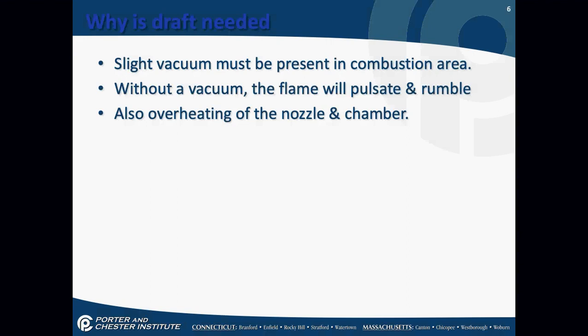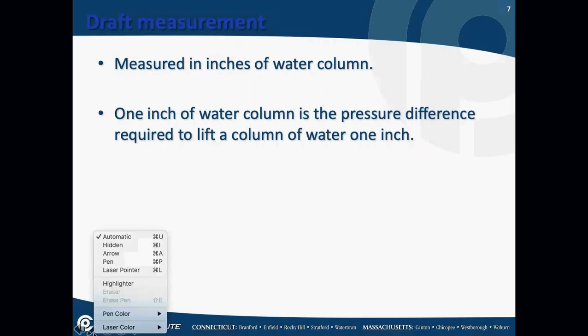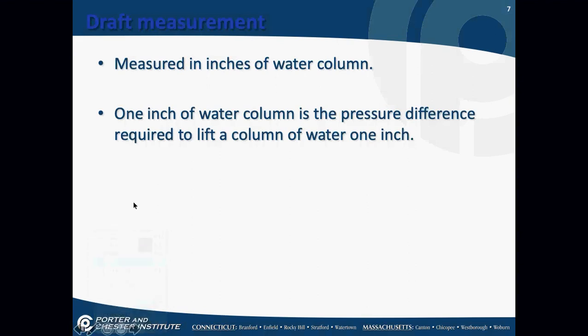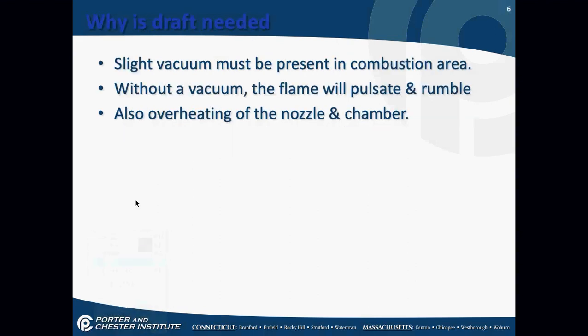Now, some of you have not had the design class yet where we talked about negative pressures. Let me go back a slide here. So I have a room or a house that a boiler's installed in. That boiler is connected to a chimney that goes out of the building.